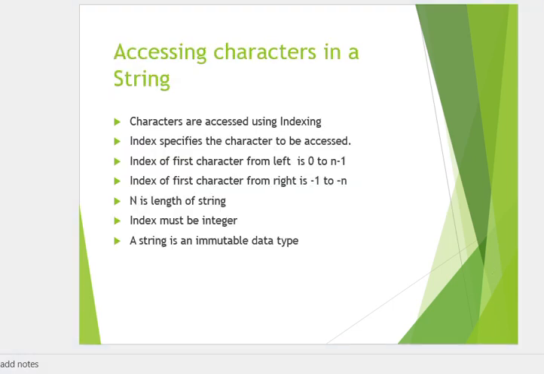A string is an immutable data type. It means that the content of the string cannot be changed after it has been created. An attempt to do this would lead to an error. Let's take an example.